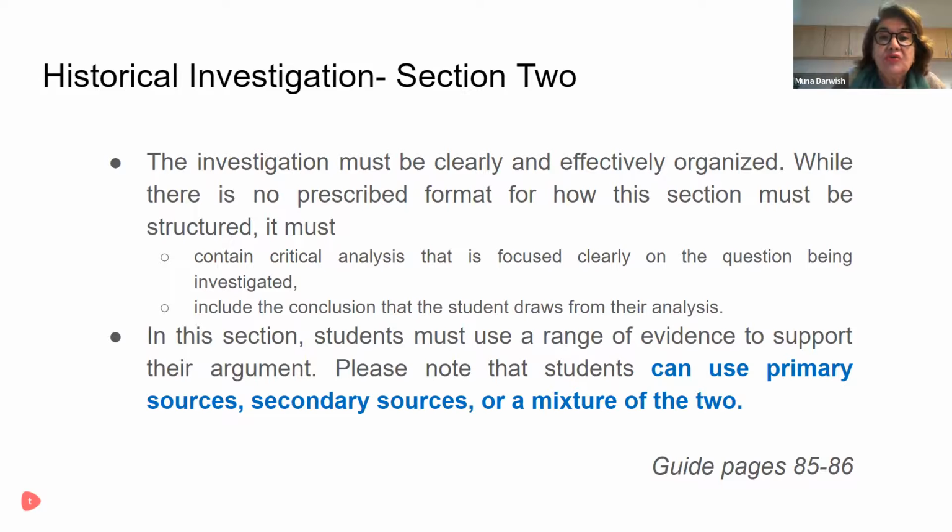It is also important to use a wide range of evidence to support the argument, because perspectives are also very important. If possible and available, encourage your students to use both primary and secondary sources of information. This has been taken from the guide on pages 85 and 86.